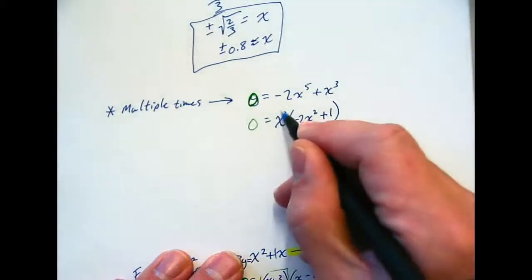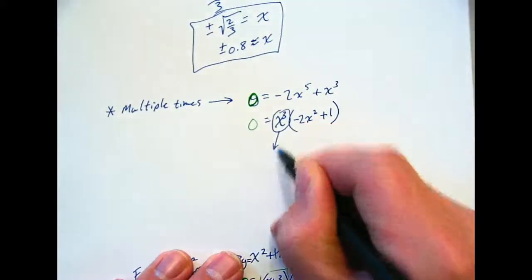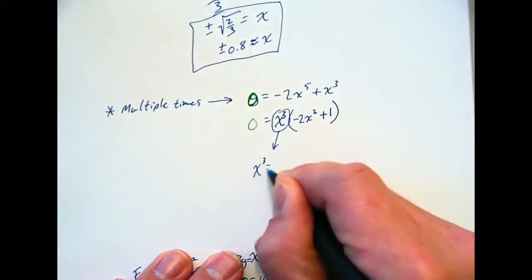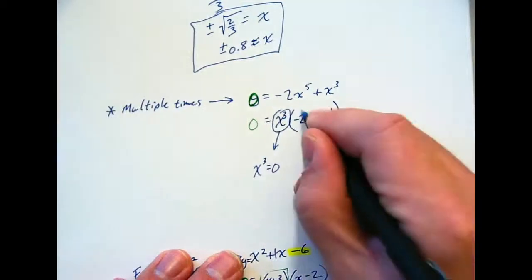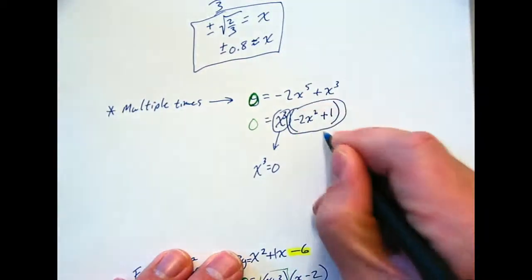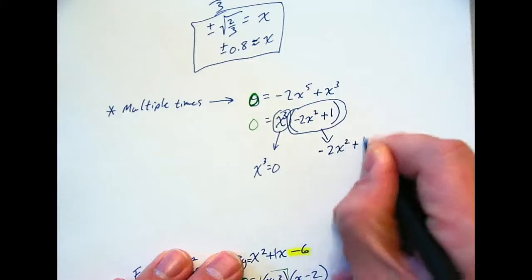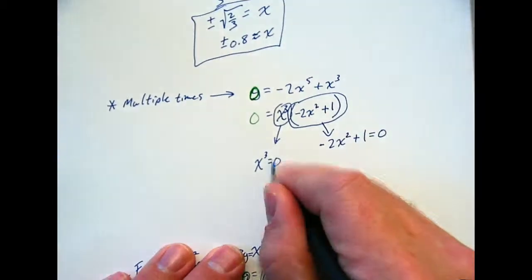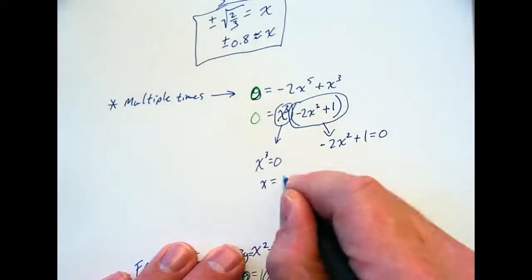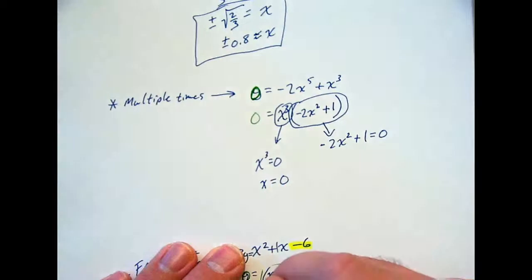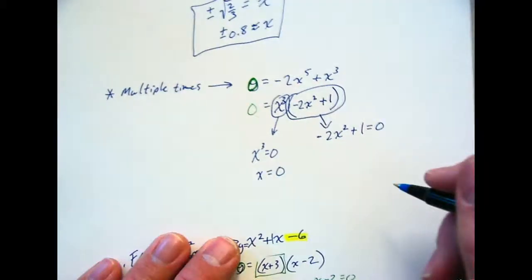That means this would have to be set equal to 0, and this would have to be set equal to 0. If this equals 0, x is 0, because you take the cubed root of 0, and that's 0.